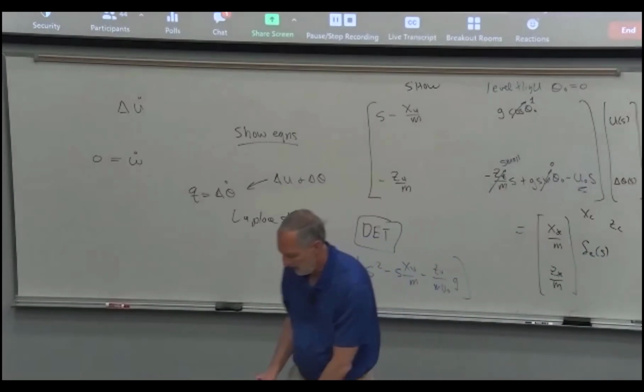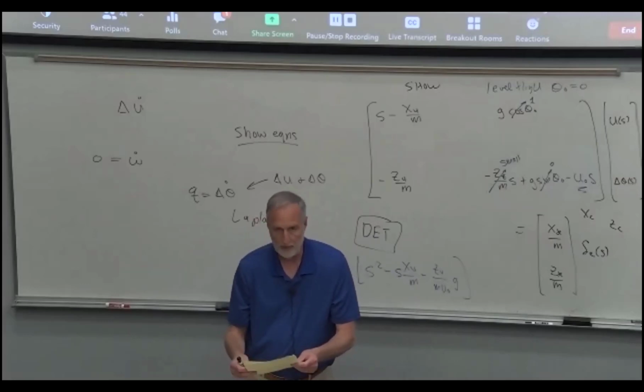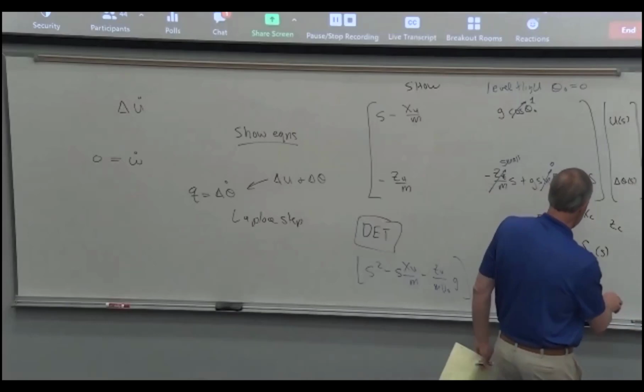All right, I want to wrap up the mode analysis that we started last time by looking at the roots of the BizJet and talk about, well, how do we figure out whether they're good or not?